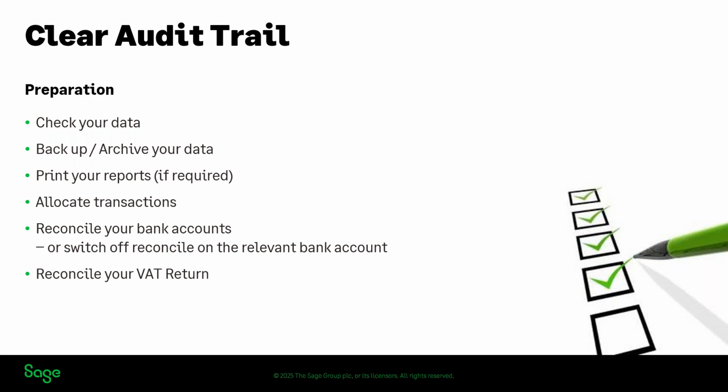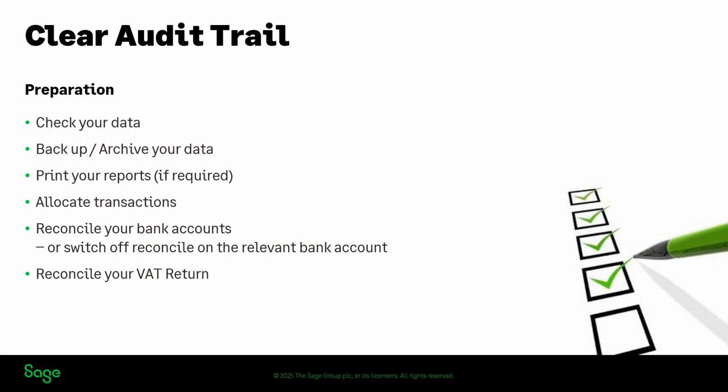And then the final bullet point there is reconcile your VAT return. Now, chances are the information you're going to be getting rid of would have been included on a VAT return. Since the introduction of Making Tax Digital in the UK, you've had to generate your VAT return and submit it online via software. So these days, most people will have reconciled a VAT return on Sage Accounts.